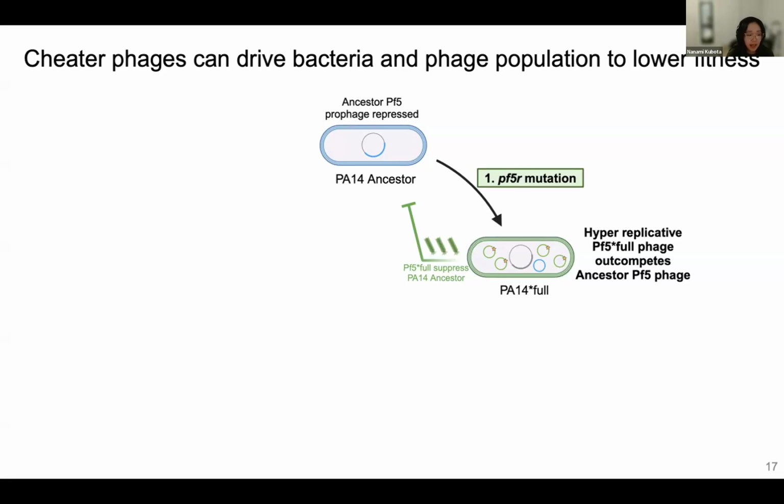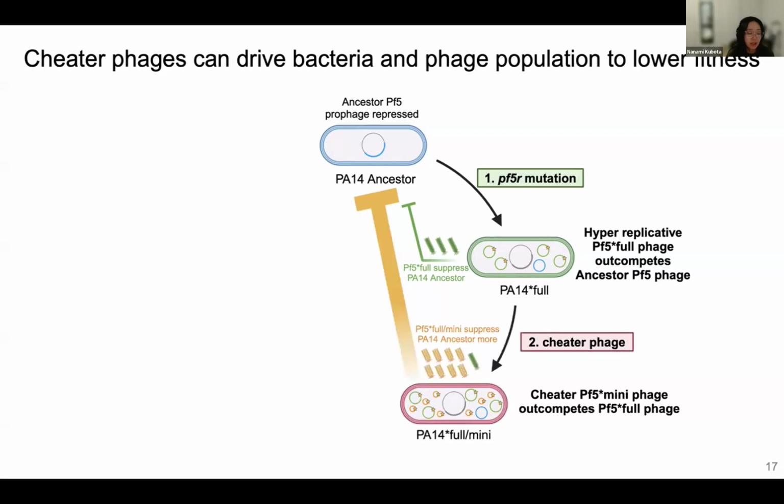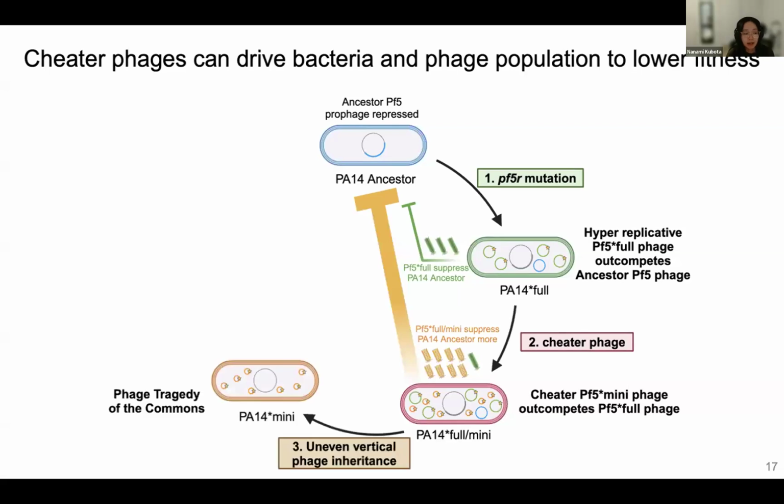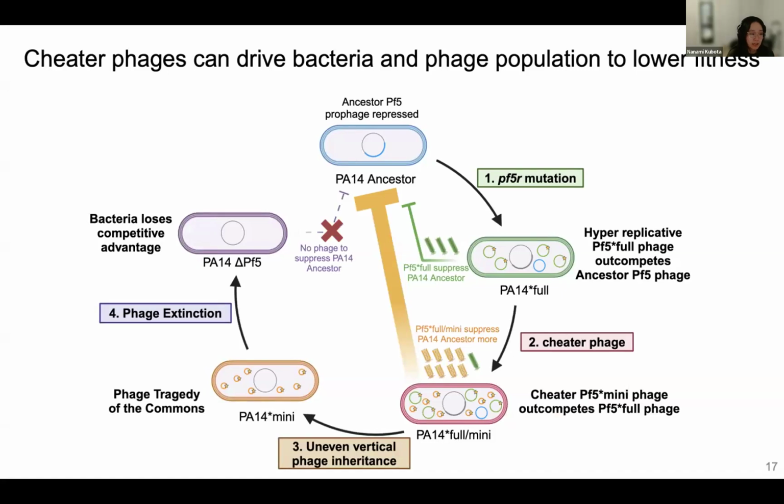But then this allows emergence of cheating in the phages, but also this mixture of full and mini allows the bacterial host to also outcompete other bacteria. But this state is very unstable in the sense that over time, through uneven vertical inheritance, you'll get daughter cells that don't have the full length phage, and that leads to extinction.